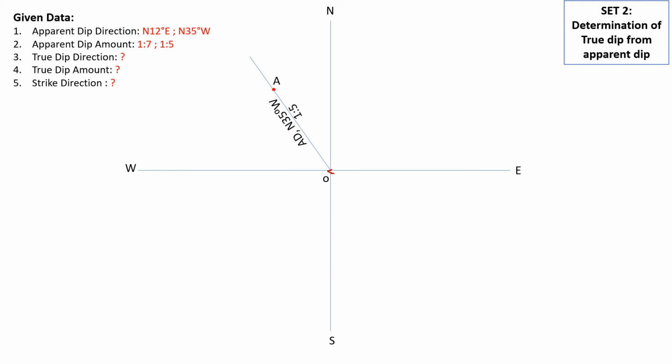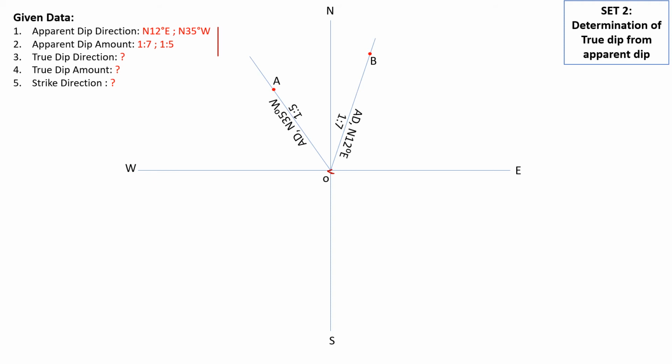In the same way, I'll draw north 12 degrees east, and then I'll mark the 1:7, so 7 centimeters from the point O. I'll name this point as point B. Whatever is given is over now. Now we have to calculate other details.